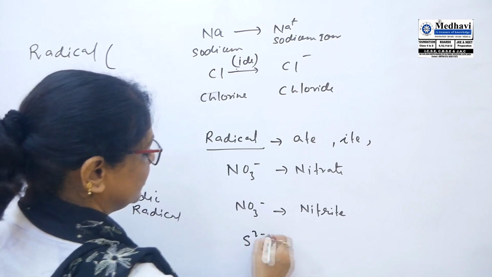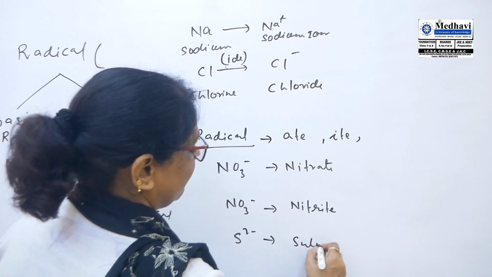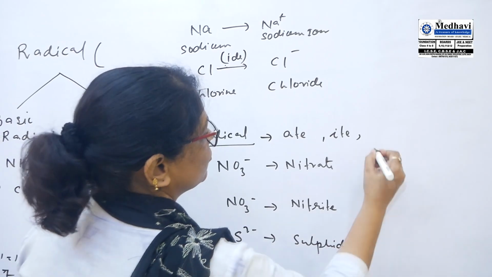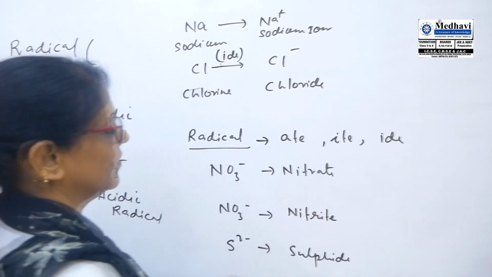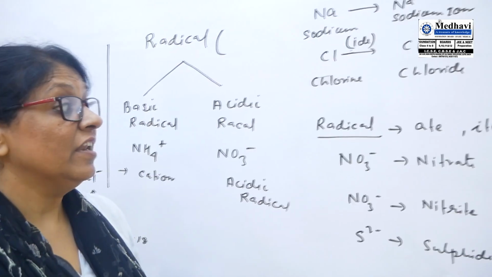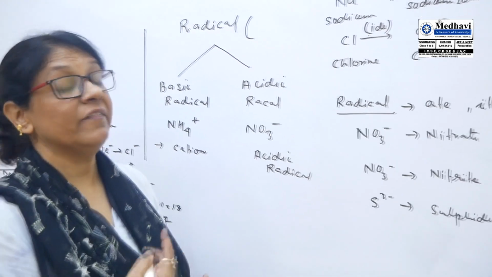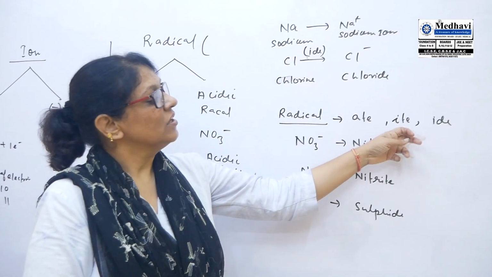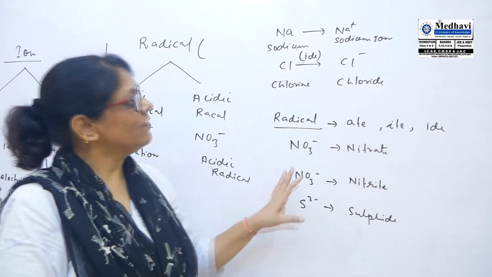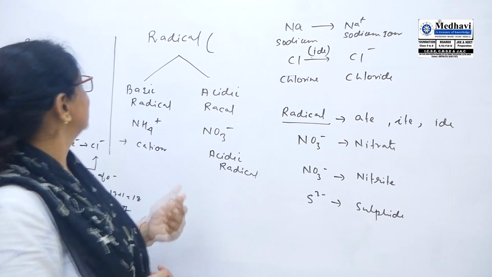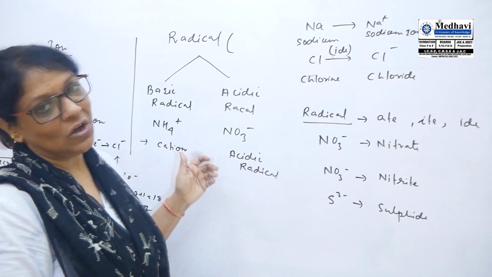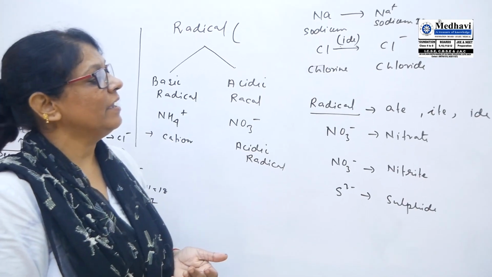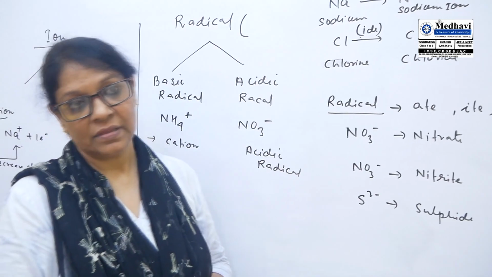And this is sulfide, so it is IDE. So whenever we have to name radicals, we use either ate, ite or ide. In this way, we can classify ions or radicals and decide how to give their names.